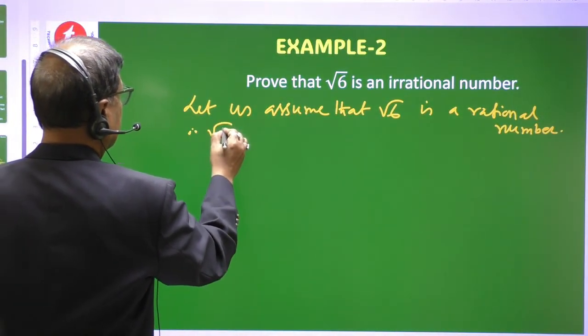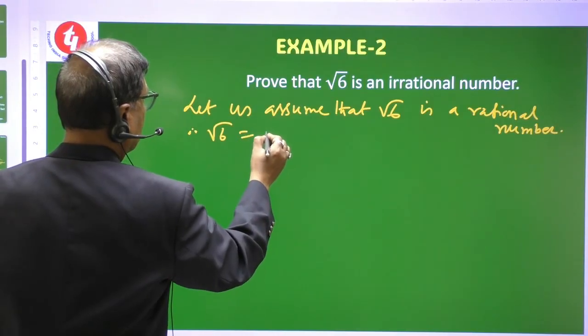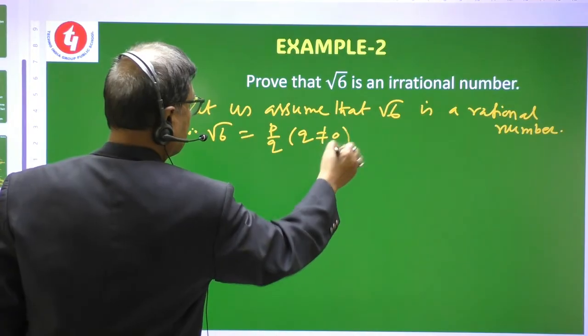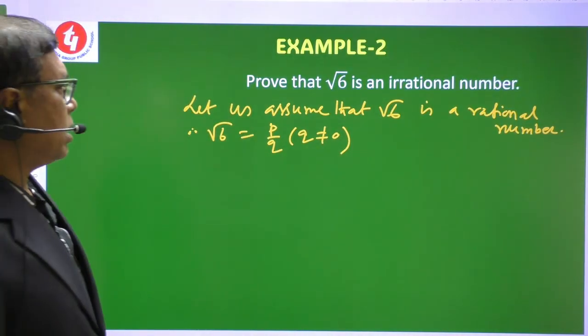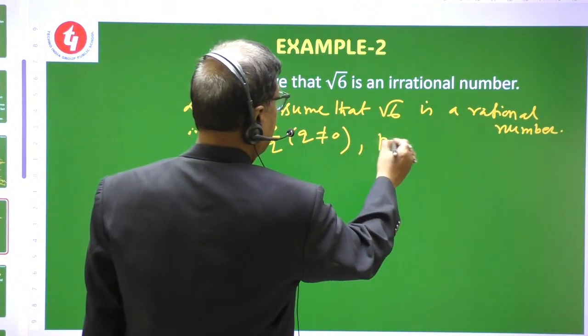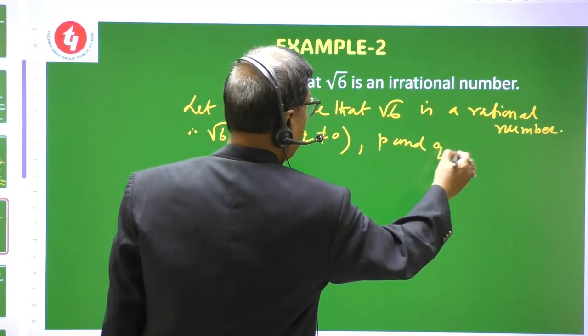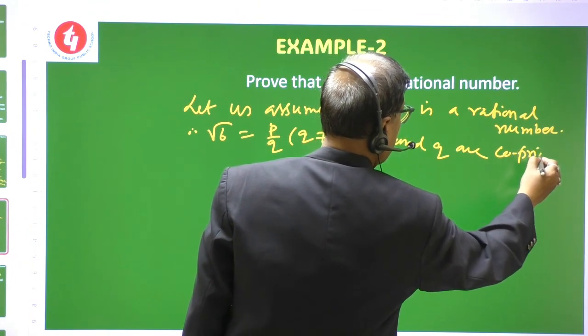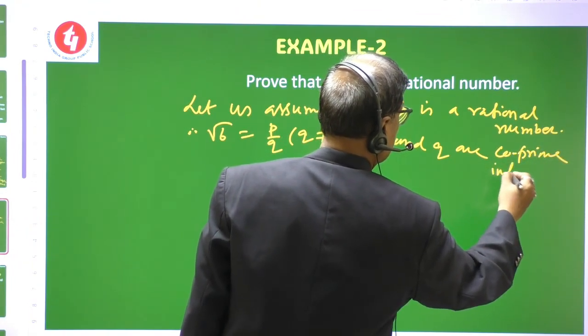Therefore root 6 equals p upon q, where q is not equal to 0, and p and q are co-prime integers.